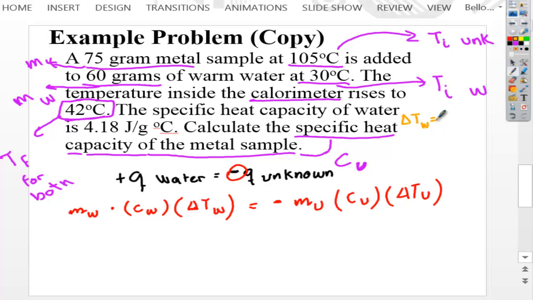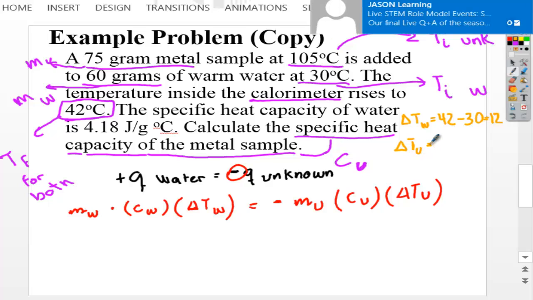What's my temperature final for both of them? 42 minus, what's my temperature initial for the water? 30. Which is equal to what? 12. Very good.